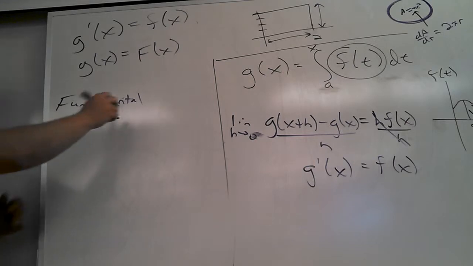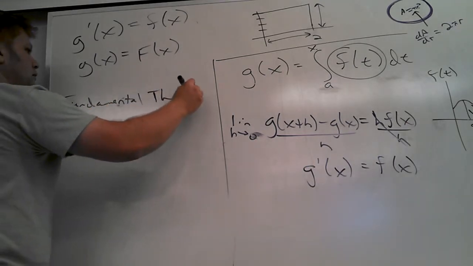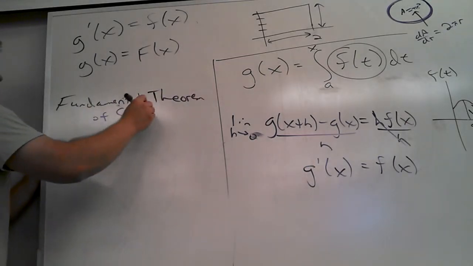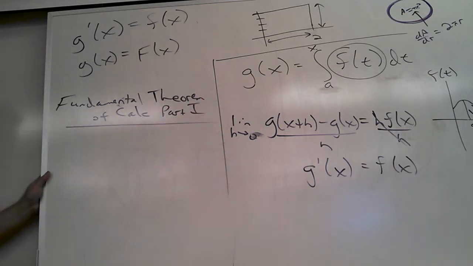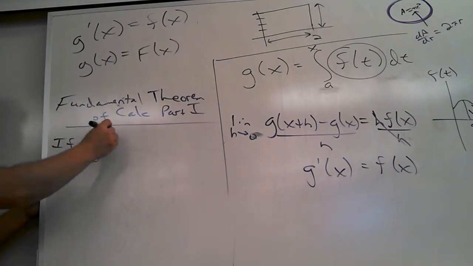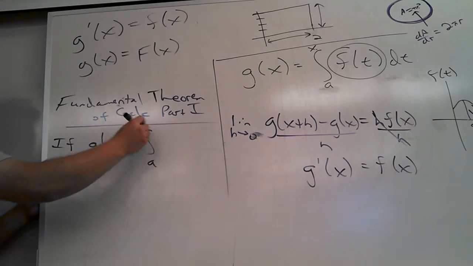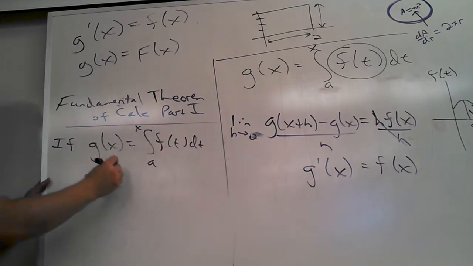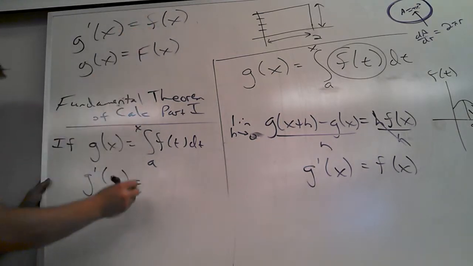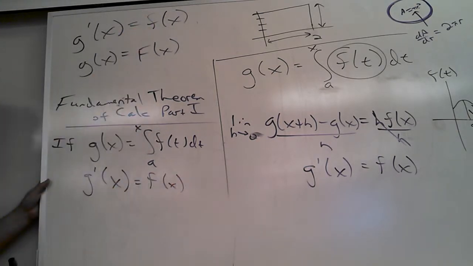So let's do the fundamental theorem of calculus part 1. Part 1. And what this says is basically what we just figured out. If g of x is the integral from a to x of f of t dt, then g prime of x equals f of x.